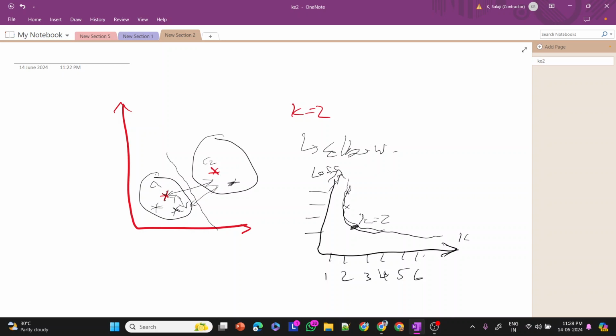We have to do this because we have a sudden decrement at this point, and that point has a k value of 2, so we want to choose k as 2.